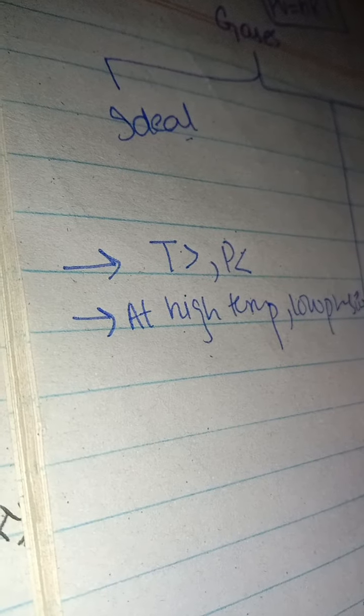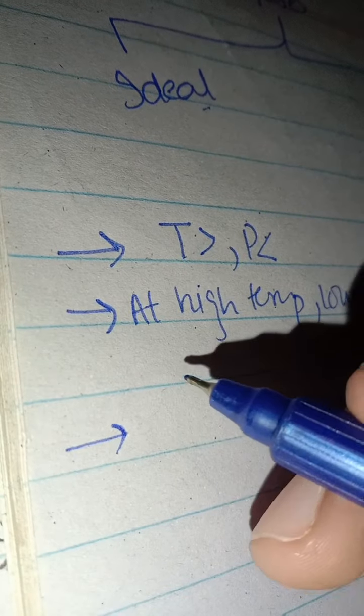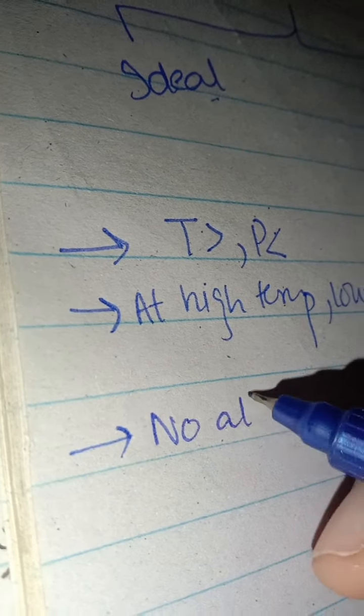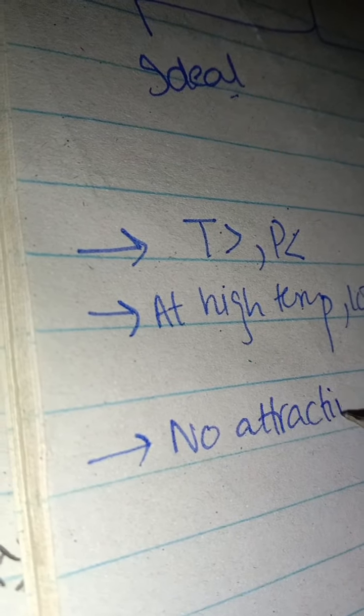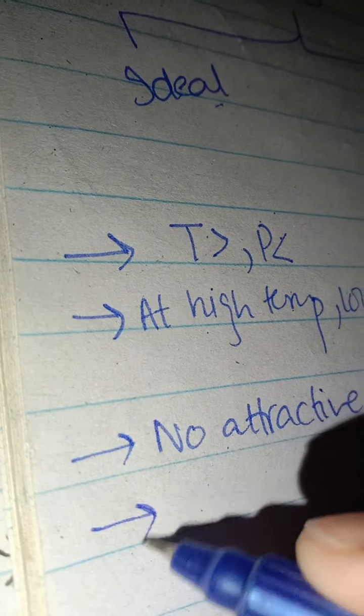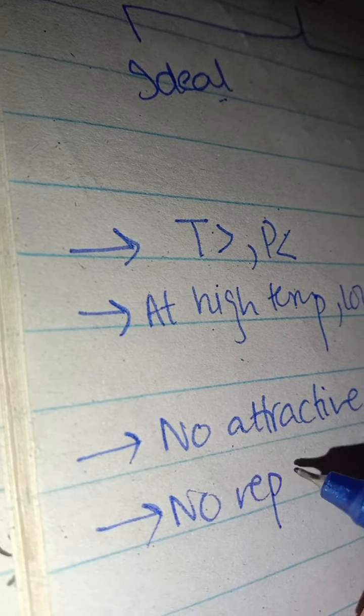To form the ideal gas, we have to give high temperature and low pressure. Then in an ideal gas there would be no attractive force and no repulsive force present.